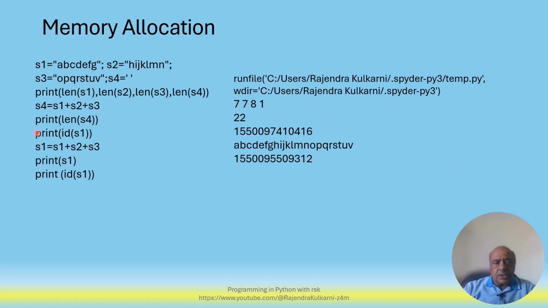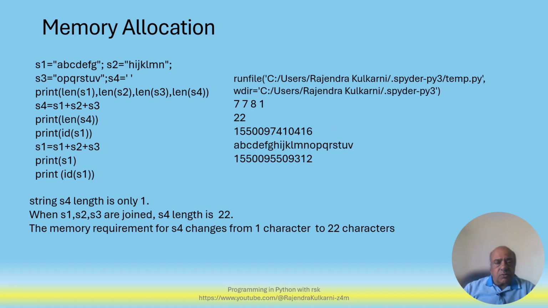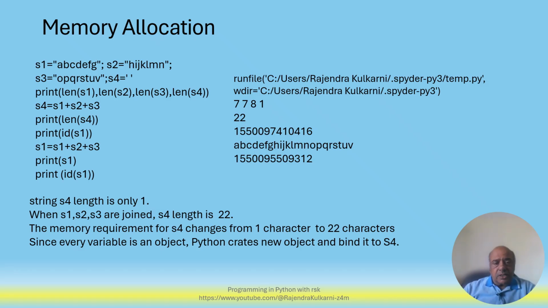In this case it is S1 plus S2 plus S3. String S4's length is only 1. When S1, S2, S3 are joined, S4 becomes a length of 22. The memory requirement for S4 changes from 1 character to 22 characters. Since every variable is an object, Python creates a new object and binds it to S4. That is how memory management is done internally.